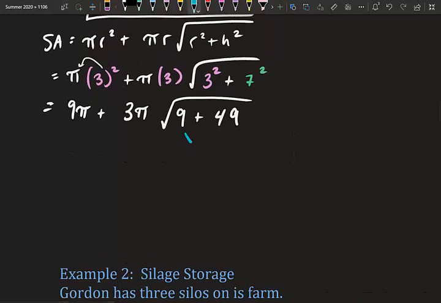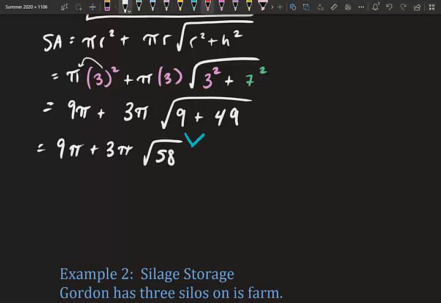I'm going to add these up. So we have 9 pi plus 3 pi times the square root of 9 plus 49, which is 58.